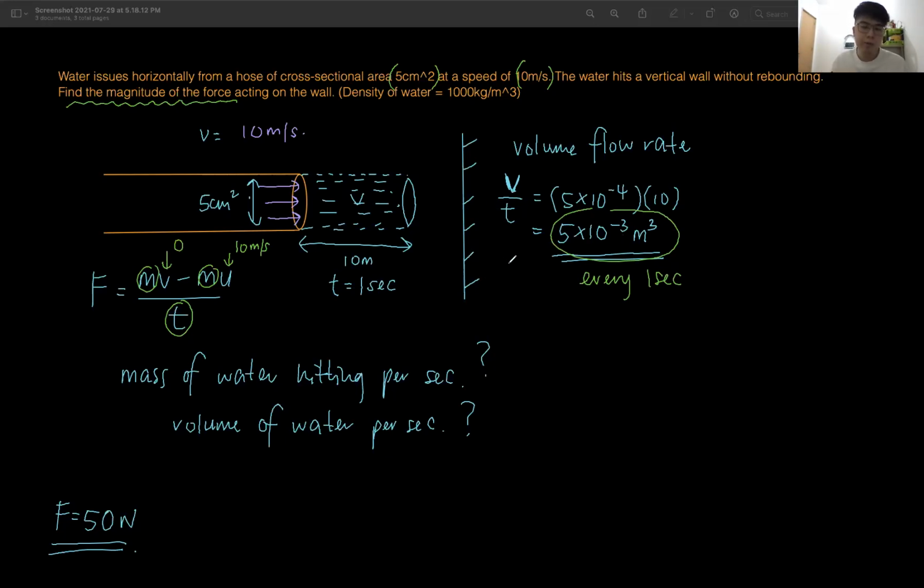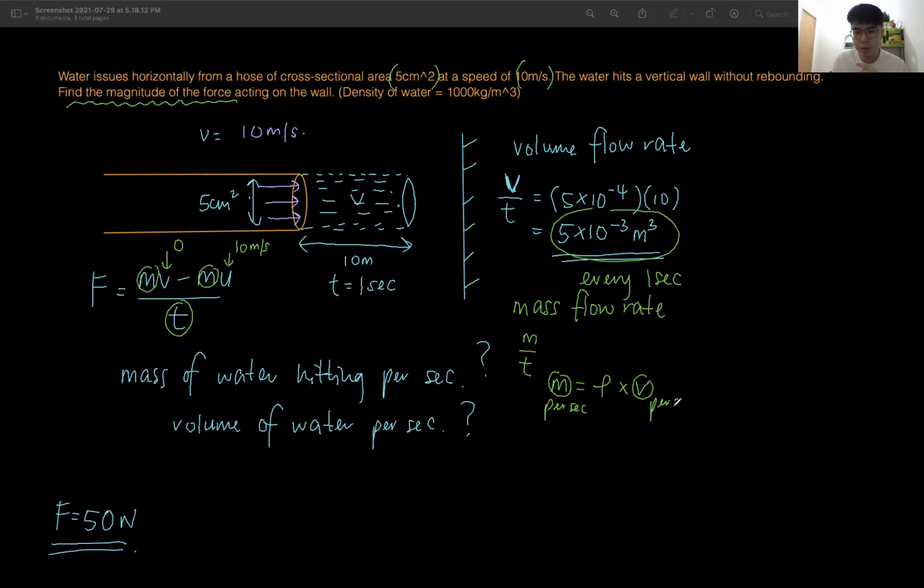Then, using this volume flow rate, I can calculate the mass flow rate. Mass flow rate is just like the volume flow rate. It is how much mass is flowing out per second, so it's m divided by t. We know that mass equals density times volume. If this volume is per second, then this mass is also per second.